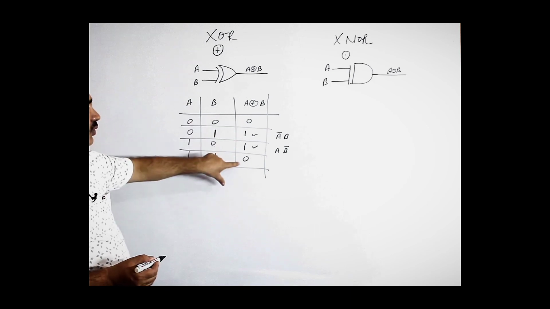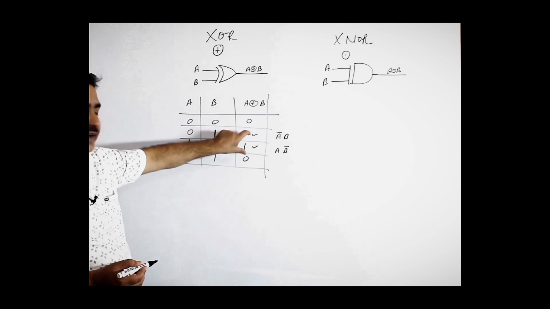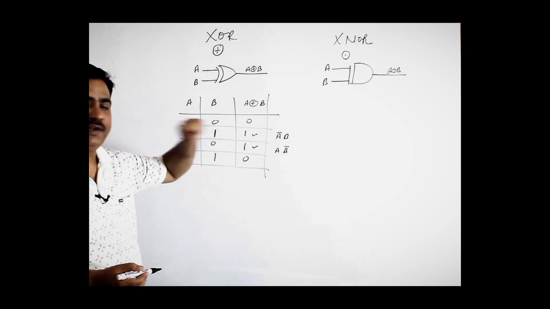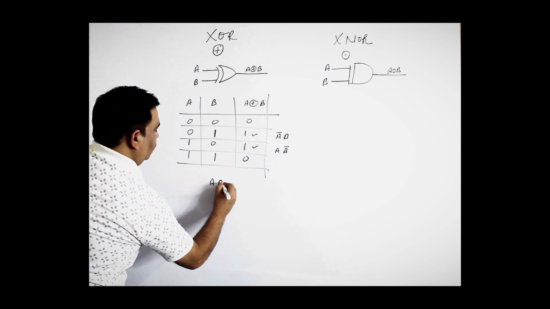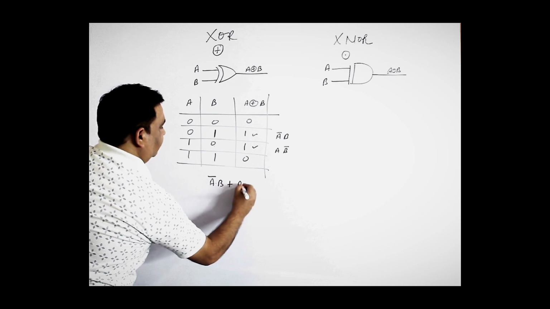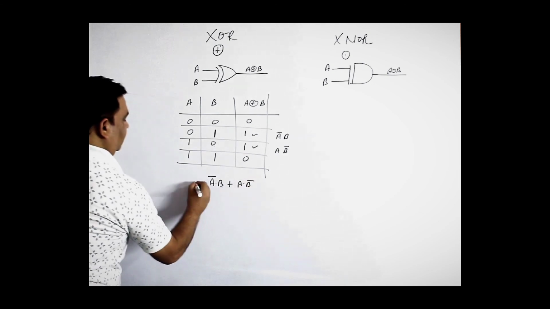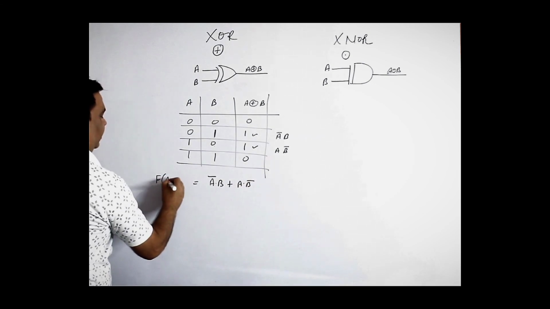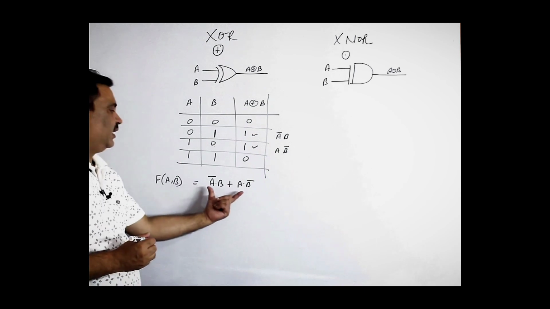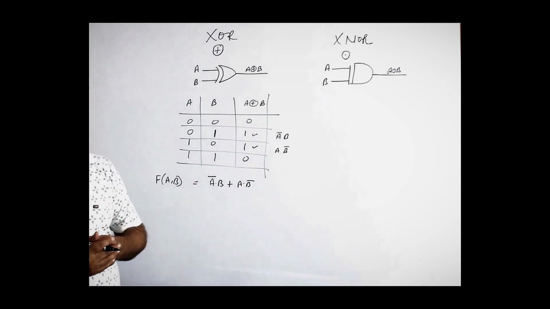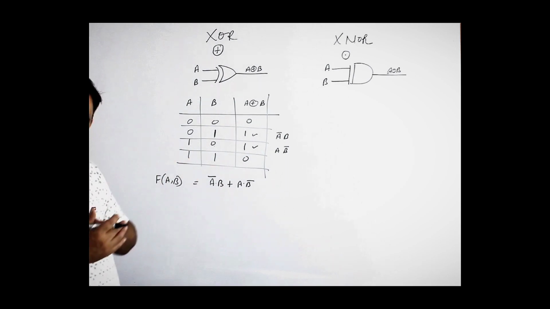Only wherever the output is 1, derive the minterms. And write both the minterms together to get the SOP expression for the function of XOR gate. This is the SOP expression of XOR gate.